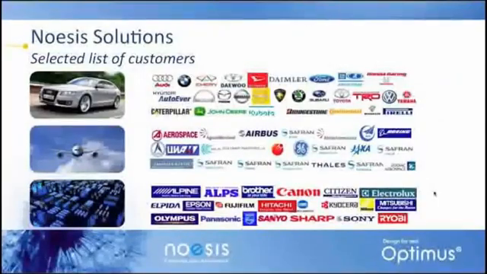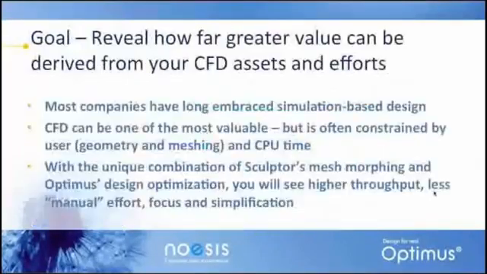Our customer base is quite diverse. We are the dominant player in the automotive industry, used by almost all the major automotive companies in Japan and Germany and elsewhere. We're also quite widely used in the aerospace industry, and over the last 5+ years, increasingly diversified as anybody doing simulation can benefit from this.